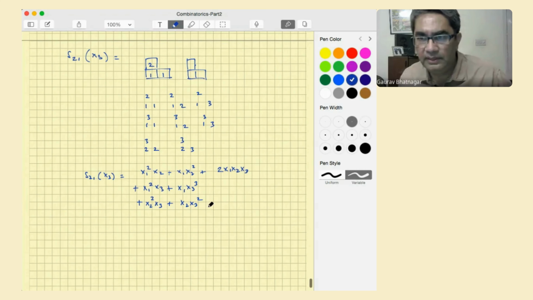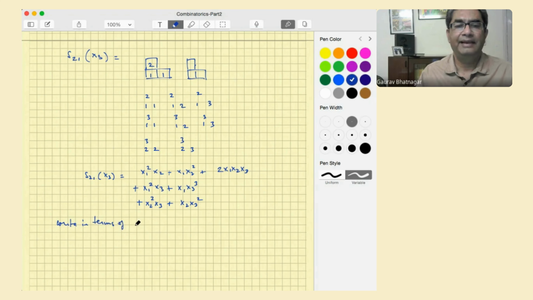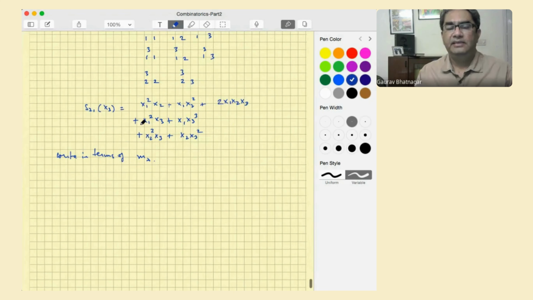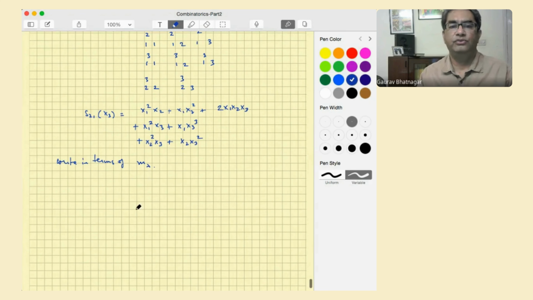So now the thing to be noted is, suppose we write it in terms of m lambda. So the biggest term is this guy, x1 square x2. So this is equal to m21. And then there are two of these chaps, m111.